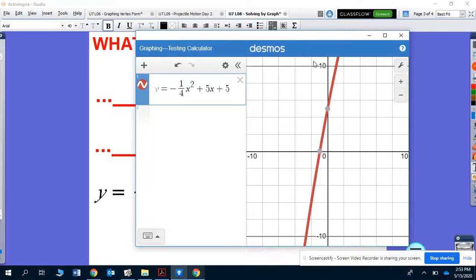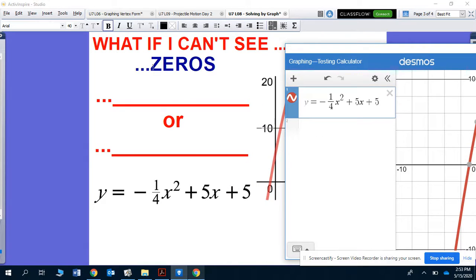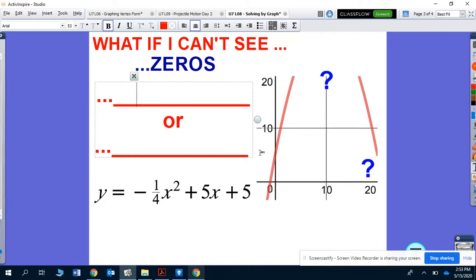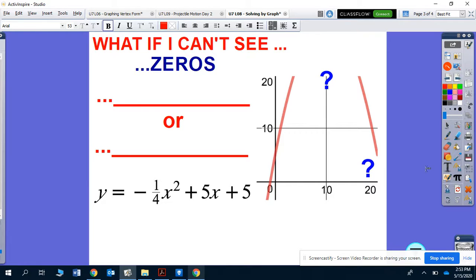But if you pretended that this Desmos window was your smartphone, you would pinch to zoom out or pinch to zoom in, right? Or you would just click and drag. So we have two separate things that we can do.